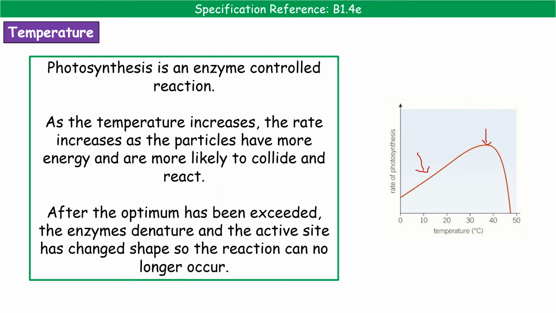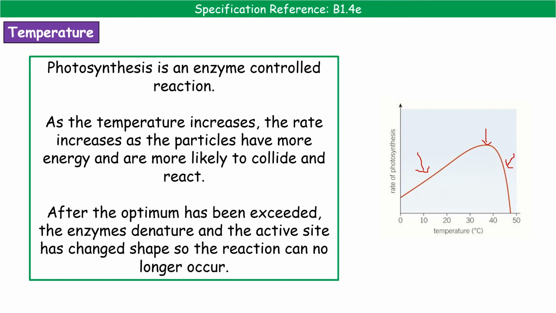If we keep heating it up and go well beyond the optimum, you can see that it then very rapidly drops off. The reason that we get this very steep decline in the rate of photosynthesis at these much higher temperatures is that we are denaturing the enzymes. So think back to the work on enzymes that we've done.